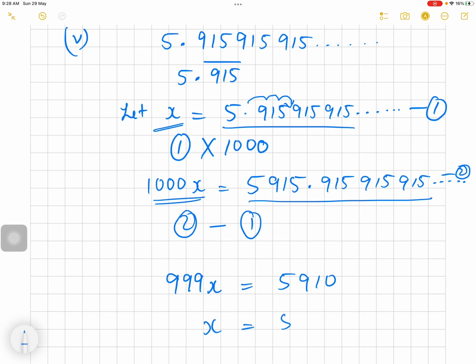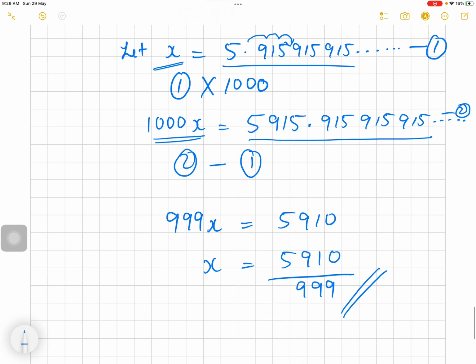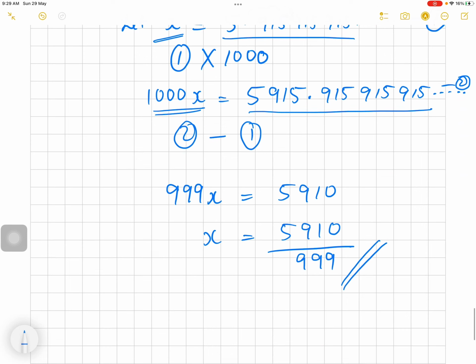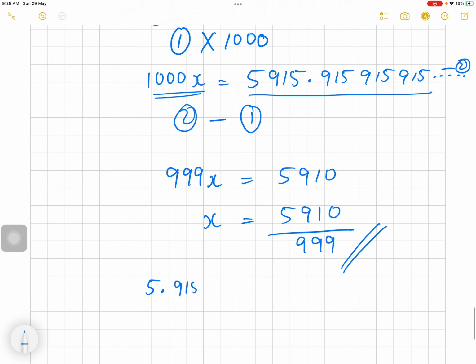So x is equal to 5910 divided by 999. So 5.915 recurring is equal to 5910 divided by 999.